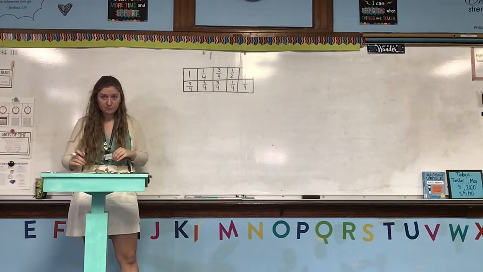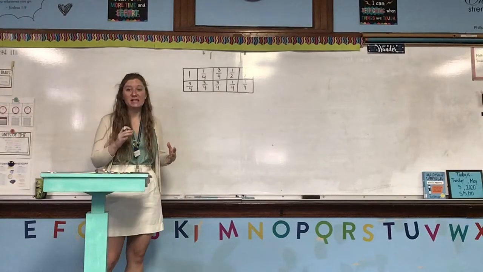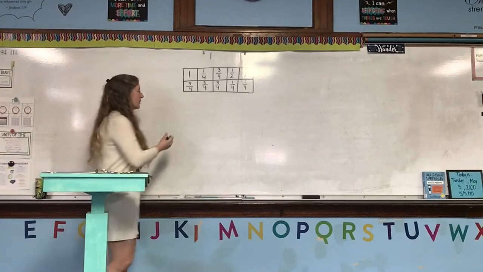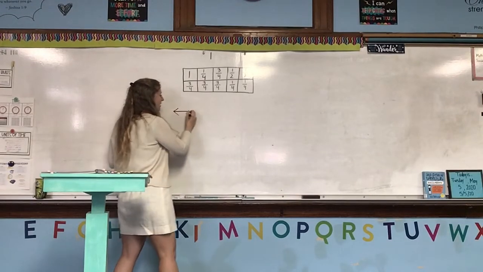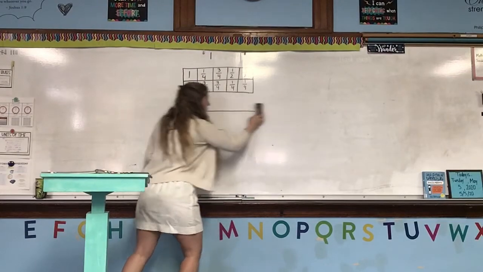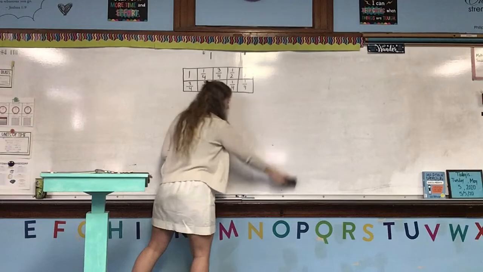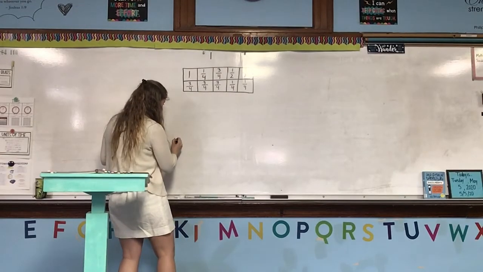So, step one of creating a line plot is to draw something that looks like a number line. So, I have an arrow over on this side. Oops, actually I need to give myself more room, so I'm going to erase and make it a little bit lower. And you'll see why as I keep going.